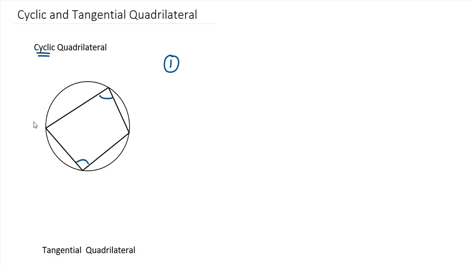So let us name this quadrilateral A, B, C, D. So angle B plus angle D will be equal to 180 degrees. Similarly, angle A plus angle C will also be equal to 180 degrees. So this is the first property that should come into your mind when you hear about the word cyclic quadrilateral.